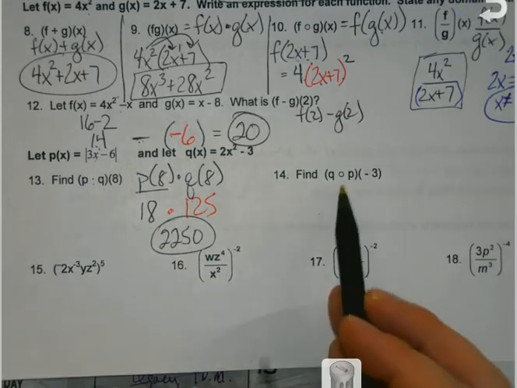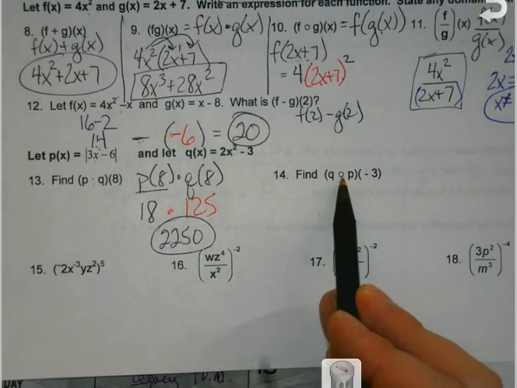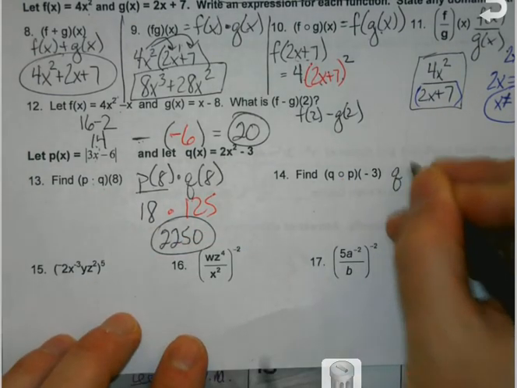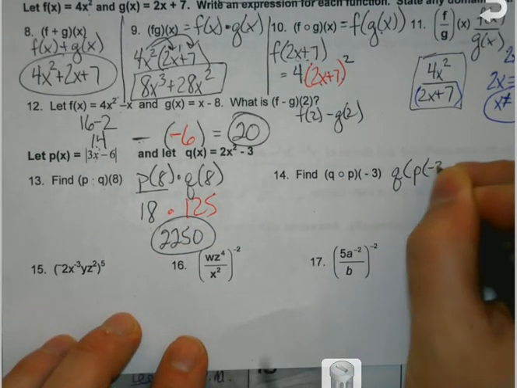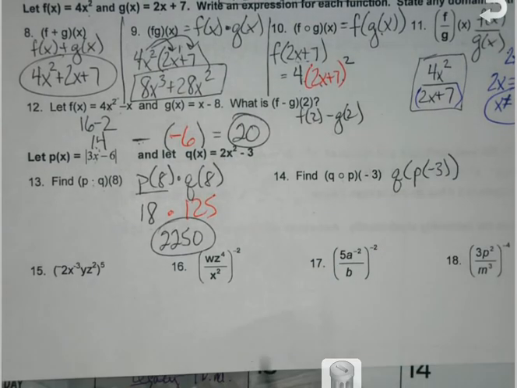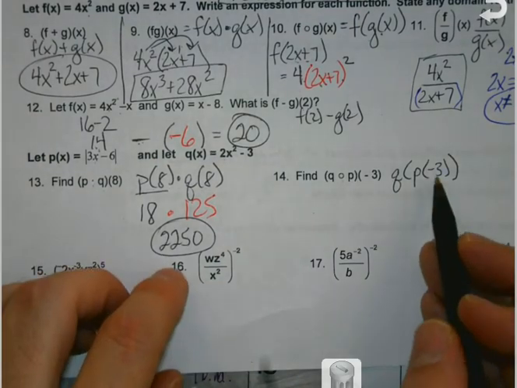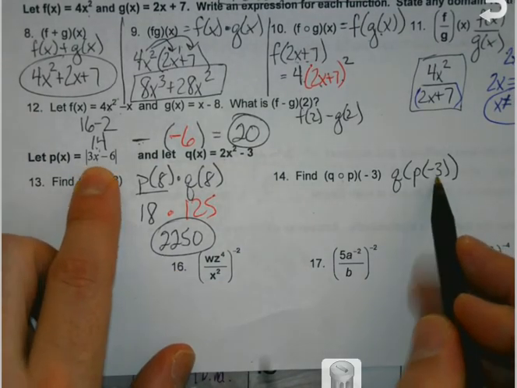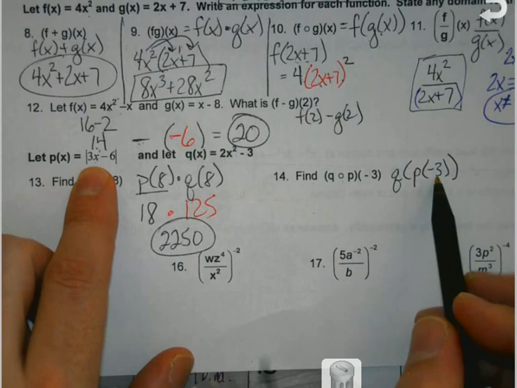But again, the open circle is Q of P of negative 3. In other words, plug in negative 3 to the P, and then plug that into Q. You're like, dang. So 3 times negative 3 would be negative 9.